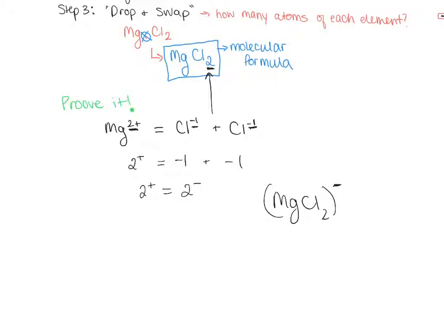So that means that the charges for the magnesium and the charges from the chlorines have to equal 0. This could be your proof that this formula is right, because 2 negatives from the chlorine and 2 positives from 1 magnesium equal each other. So we need to have equal charges.